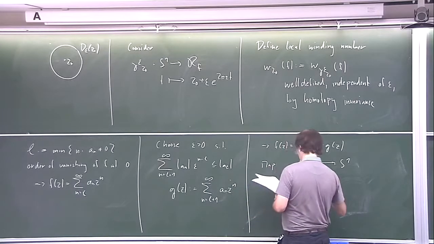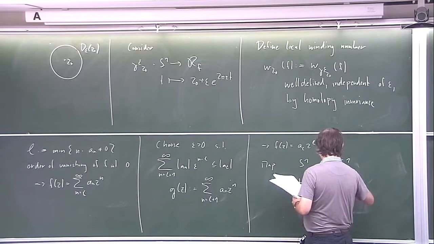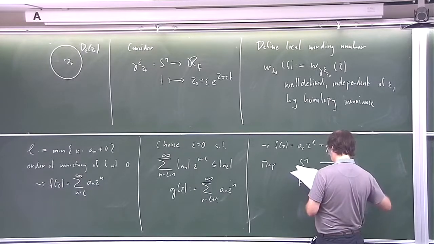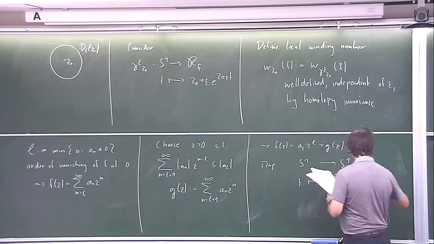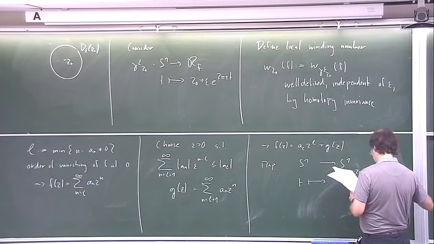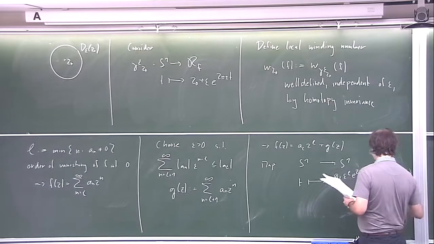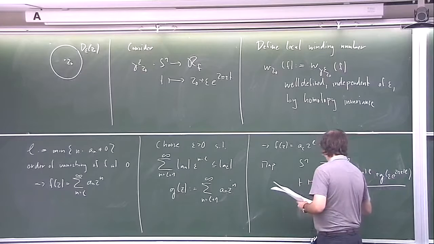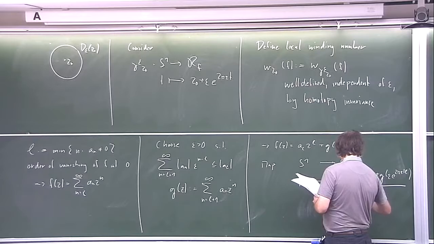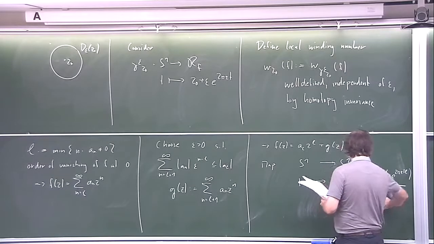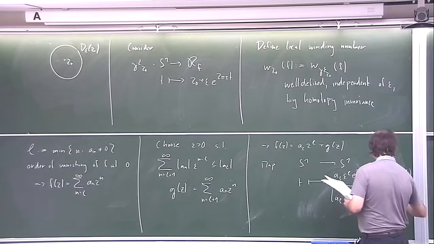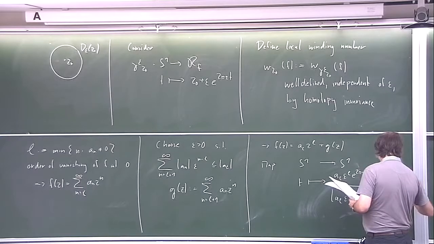T goes to a_l epsilon^L e^{2πiTL} plus G epsilon e^{2πiTL}, divided by the absolute value of a_l epsilon^L e^{2πiTL} plus G epsilon e^{2πiTL}.